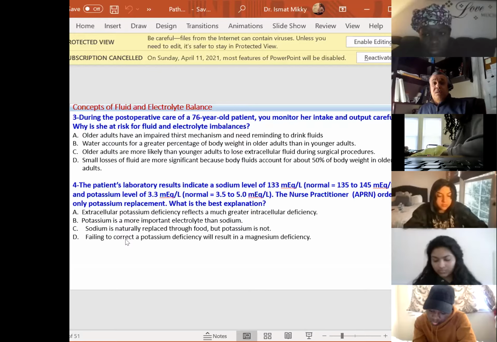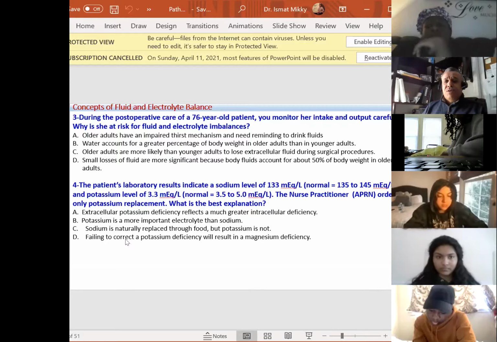Okay, so right, D, the last one, D as in dog, right? So small losses of fluid are more significant because body fluids account for about 50% of body weight in older adults.